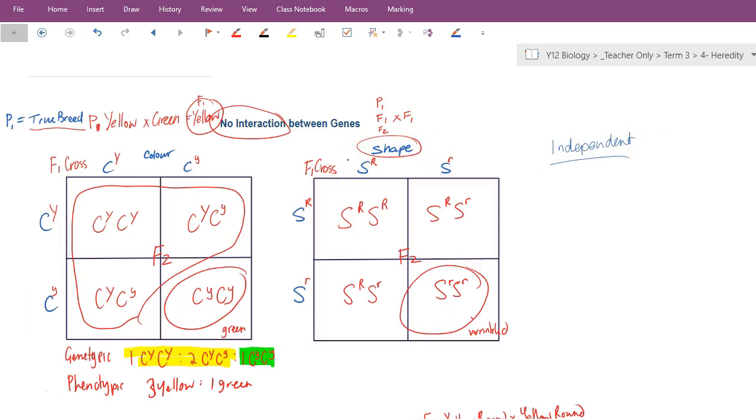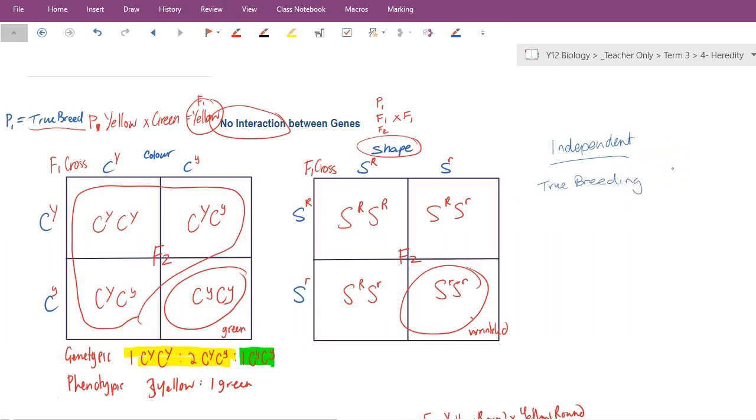Now, when you look at these two different traits in a single Punnett square, we have some patterns that come out. Now, always remember, Mendel always started with true breeding plants, and then he went and he crossed them. So true breeding means they only had one allele.